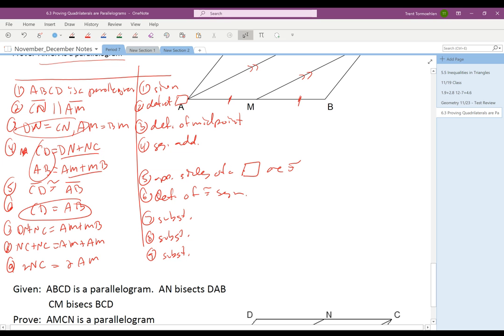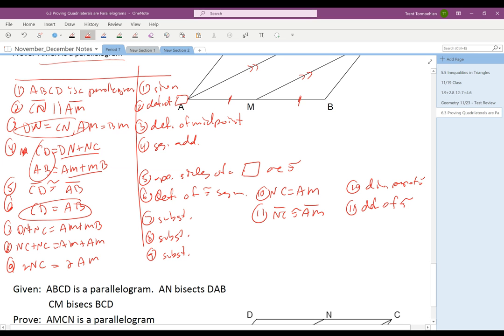And then I can finish this out by showing that NC equals AM by division. And then that shows us that NC is congruent to AM by the definition of congruence.